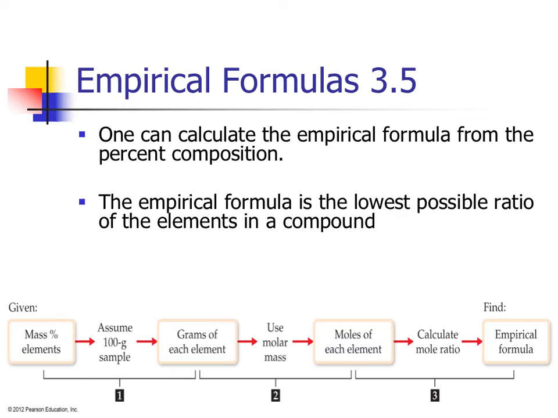Once we have it in moles, we need to be able to determine the lowest possible number. From there, you just do some division, which then tells us the empirical formula that we need.